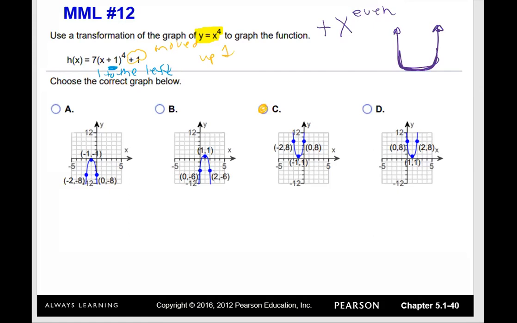C. It's got to be C. Because both ends are going up, that took out A and B because the ends are going down. And then I just used the shifting to see where it shifted. It's supposed to go 1 to the left and up 1, which would put it right here. Okay. Wow.